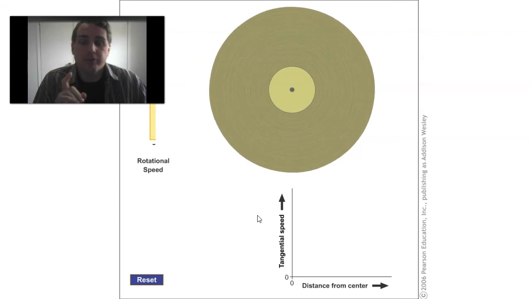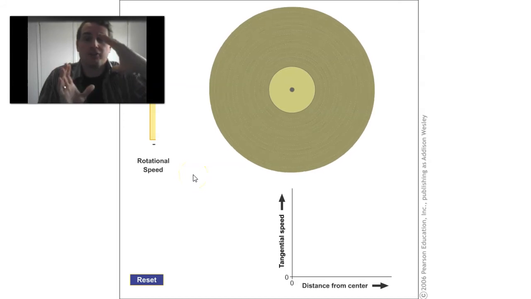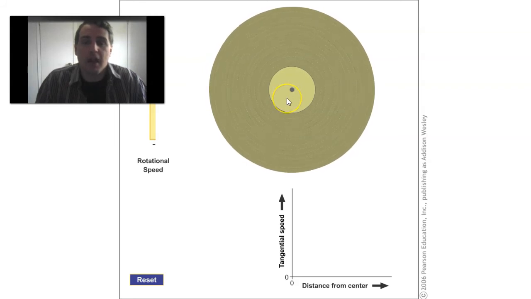Also note that we'll see how tangential speed depends upon the distance from the center, that is the radius, and we'll also see if I change the angular velocity, that is the rate of rotation, how the tangential speed and the rotation look different. By the way, this entire turntable rotating is what we call solid body rotation. A solid body is just an entire solid body, the entire thing rotates about an axis. And notice that a solid body rotation is just the same thing as a collection of many particles.